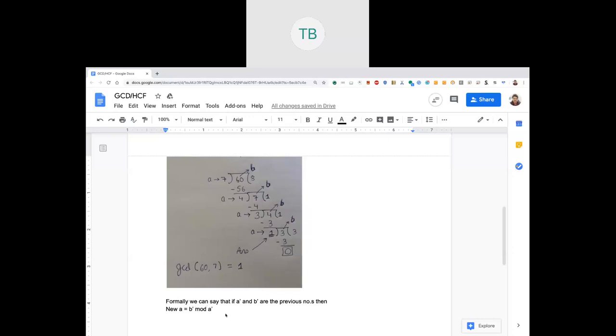The mod function returns the remainder when b dash is divided by a dash. And new b equals a dash.